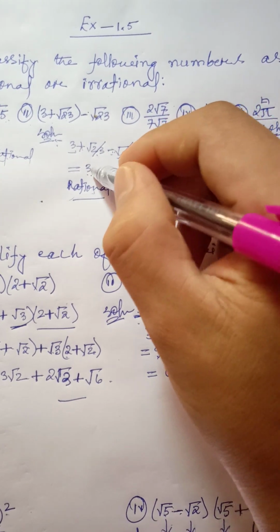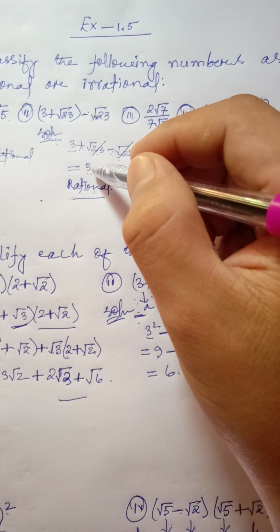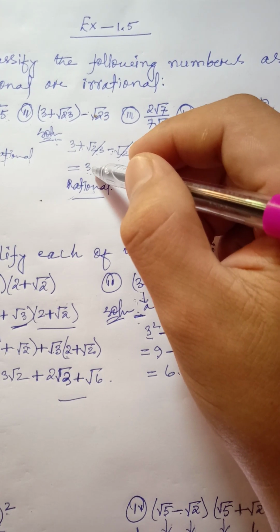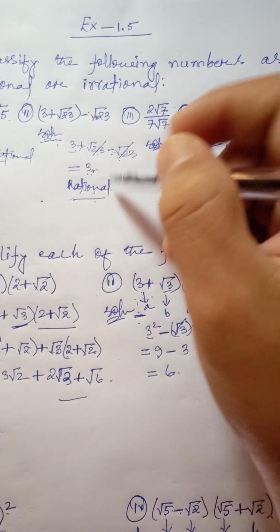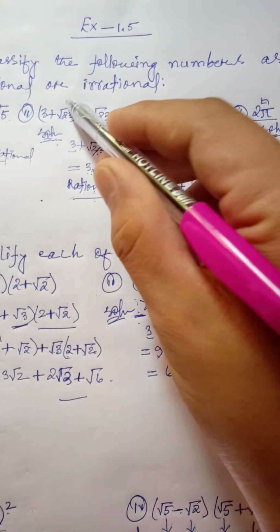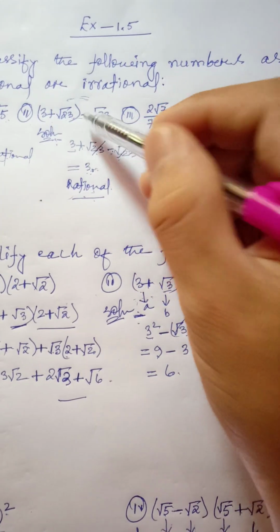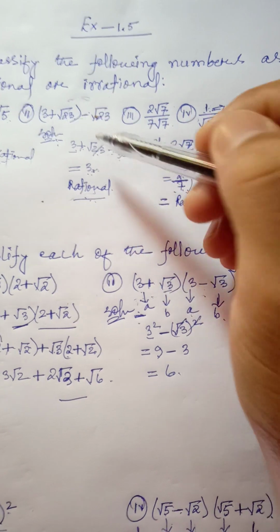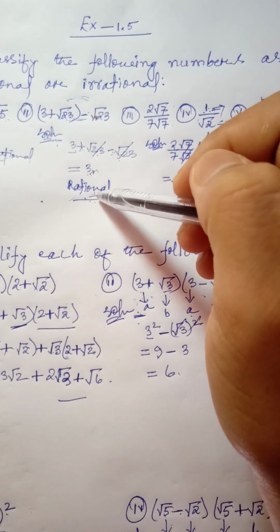So 3 is a rational number because it can be expressed in the form of p by q, and q is not equal to 0. Because of that, 3 is a rational number. That means this expression belongs to rational numbers. After simplification we got 3, and 3 is a rational number.